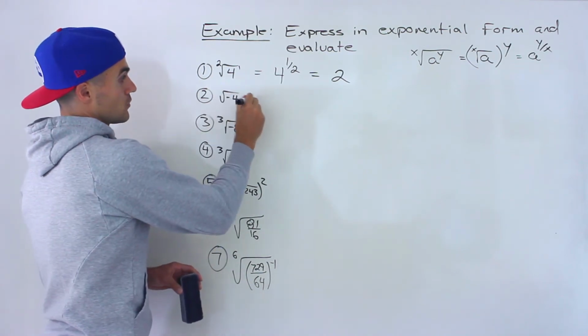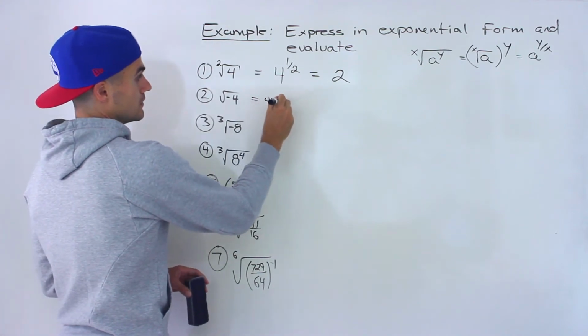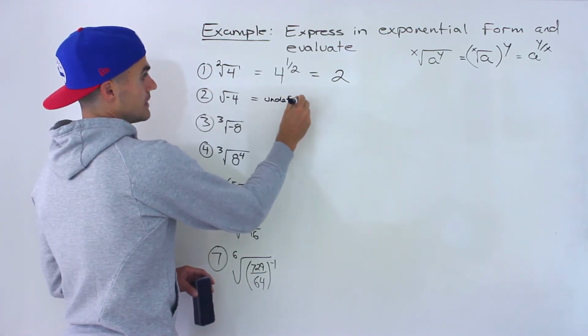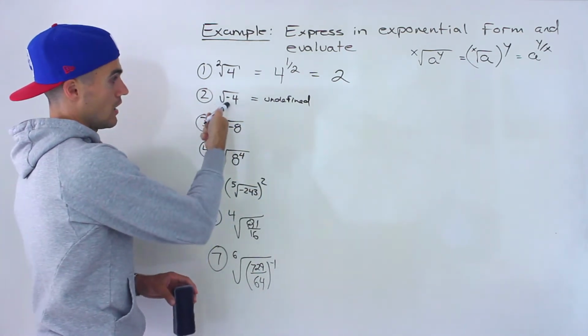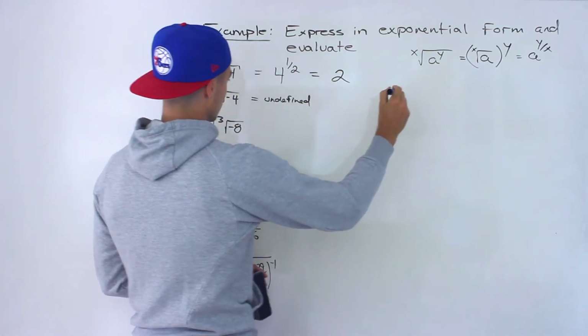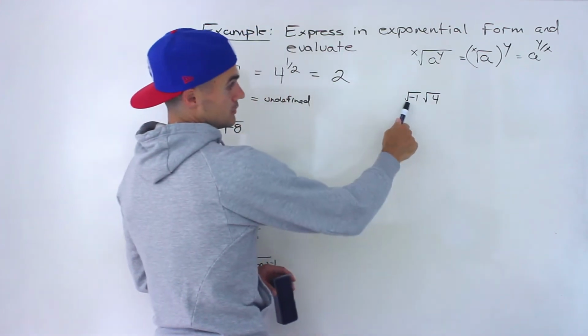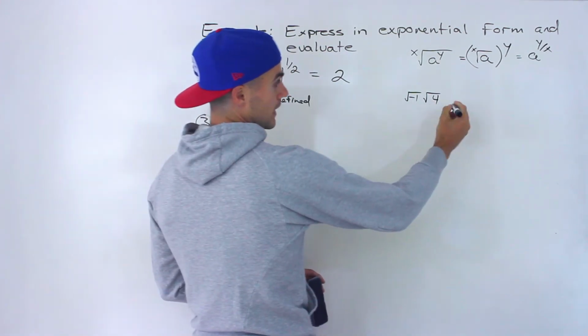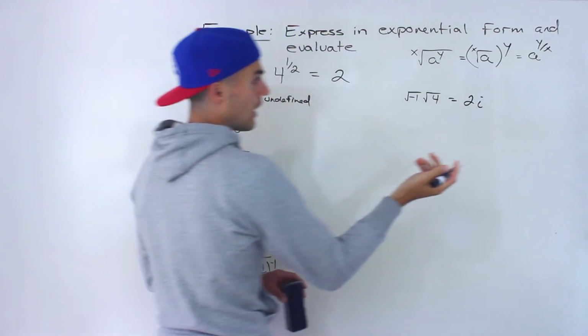Now here we have the square root of negative 4, and this is actually undefined, because you can't take an even root of a negative number. If you're dealing with imaginary numbers, which you may or may not in your class, then you could split it up into this, and the square root of negative 1 we know is i, square root of 4 is 2, so this would end up being 2i.